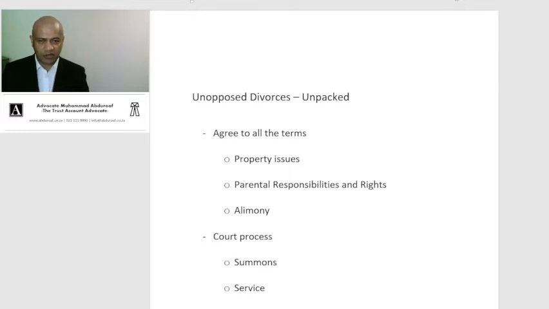But the issue of contention is the amount of maintenance the mother must pay the father. Because of that bone of contention, unfortunately, it is not an unopposed divorce. It would become an opposed divorce where the entire process has to follow.